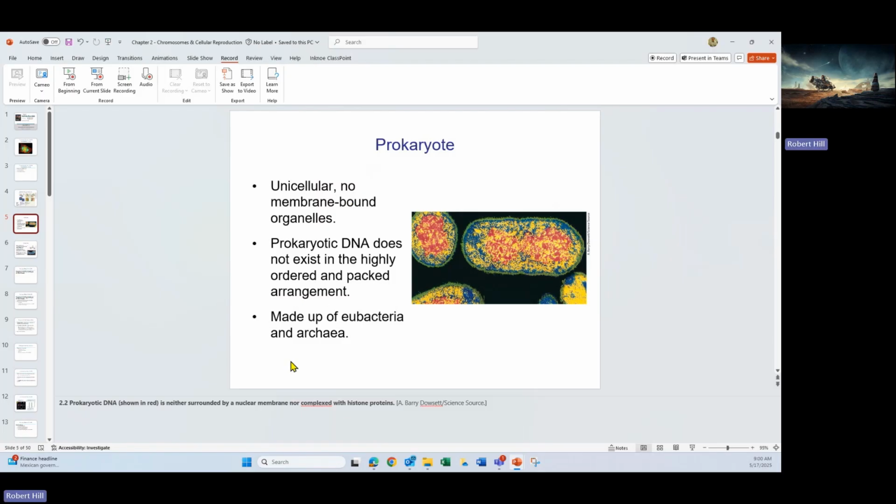Two subtypes of prokaryotes include archaea and eubacteria. Archaea, which kind of correlates to ancient, means bacteria that have been on the earth for millions and millions of years. So they've been around since the earth was a very, very different environment, right? When it was volcanic and acidic, things like that.